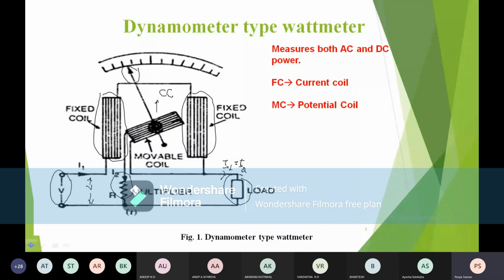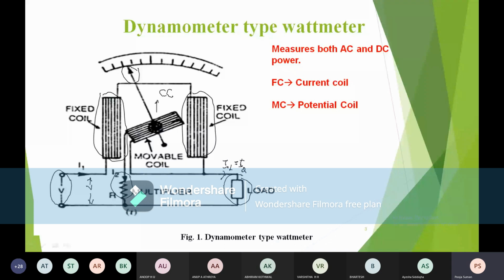Here V is the supply voltage, not a voltmeter. So V is the supply voltage and the movable coil is connected across the supply voltage. So the moving coil is also called the potential coil. And here the moving coil carries the current I2.